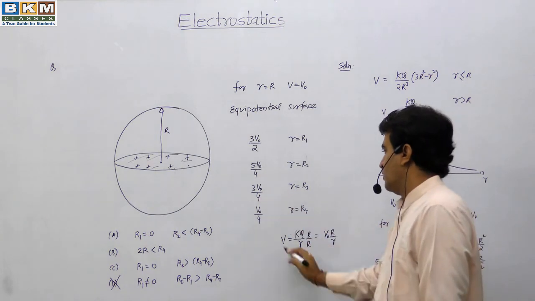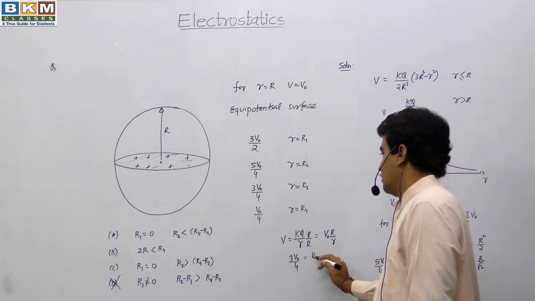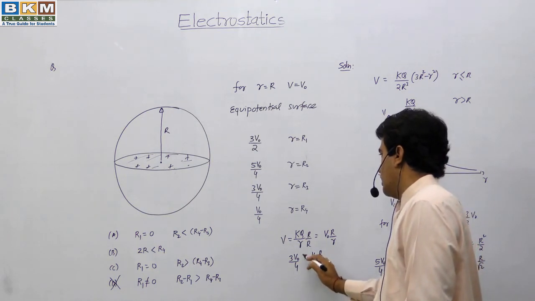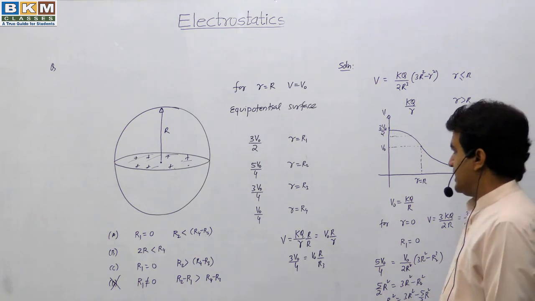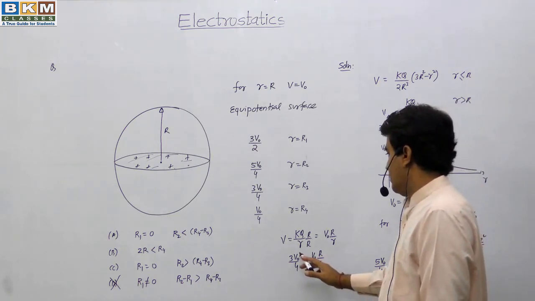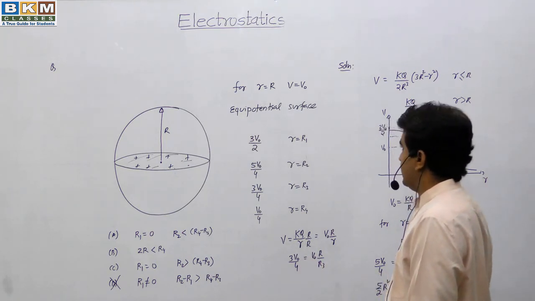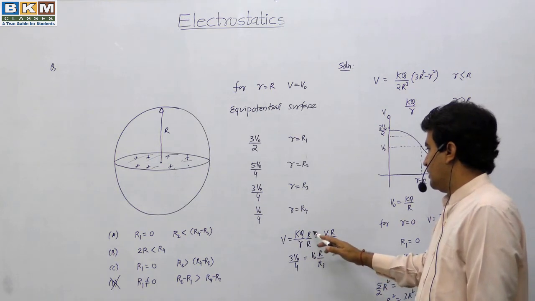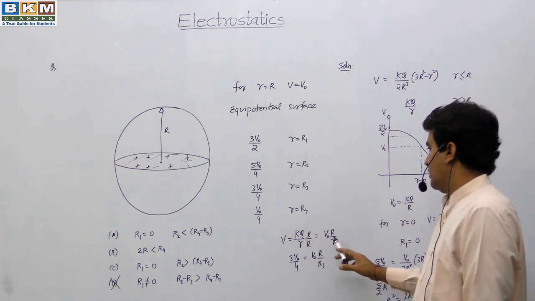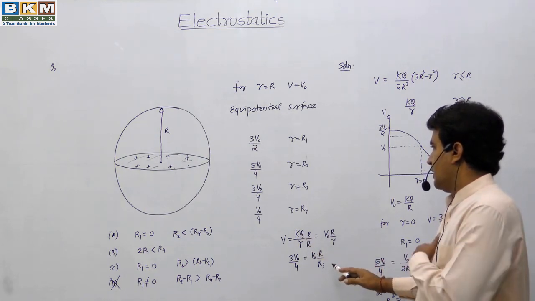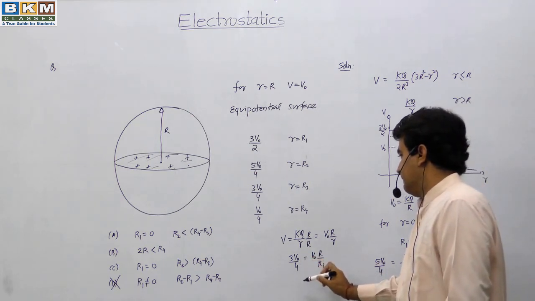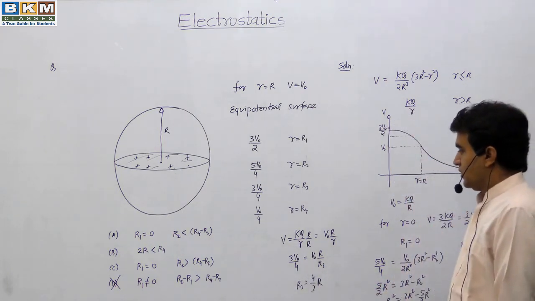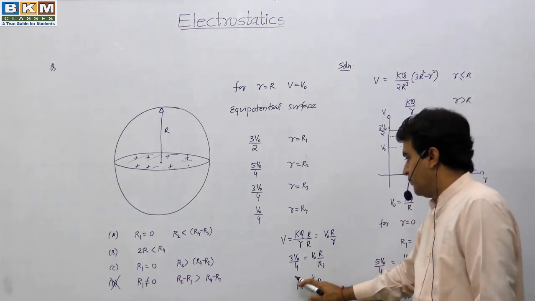Our potential is 3V0 by 4, so 3V0 by 4 is equal to V0 R by r3. V0 gets cancelled, and r3 is 4 by 3 times R. So it is outside the sphere, which is the required quantity, 4R by 3.